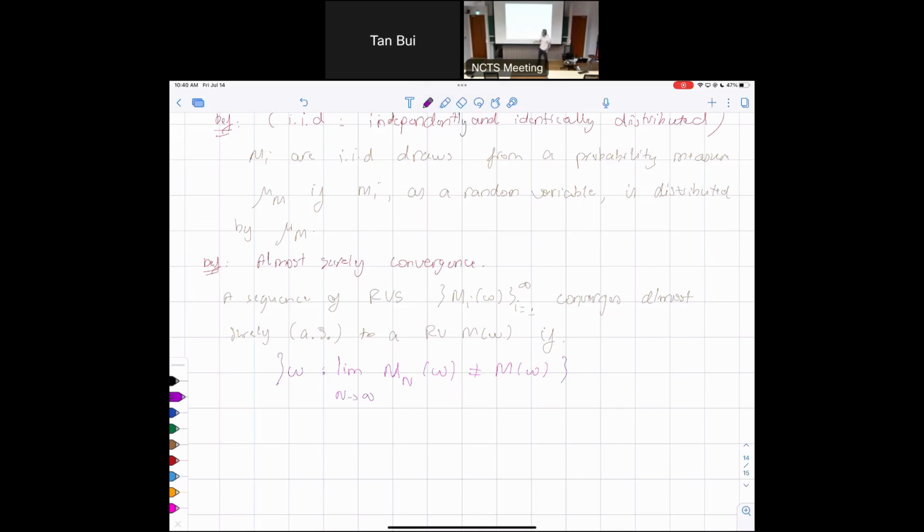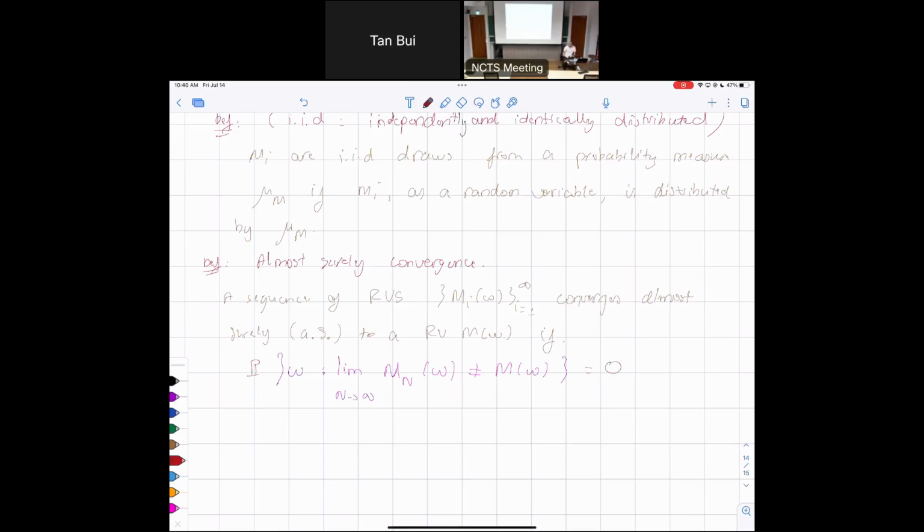Each of them has this property, that the limit of M_n(omega) is different than M. I collect all of them, and I'm going to measure the probability of that set.